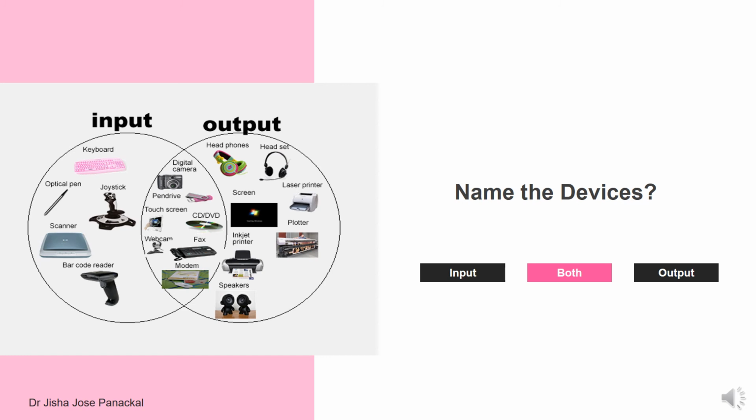There are devices like digital camera, pen drive, touch screen or touchpad, webcam, fax machine, modem, CD or DVD, etc. that can act as both input and output devices. But due to having several features, this may vary because some of the devices provide both facilities.